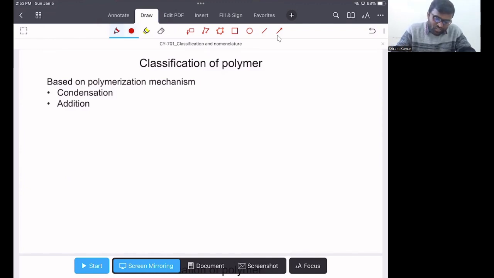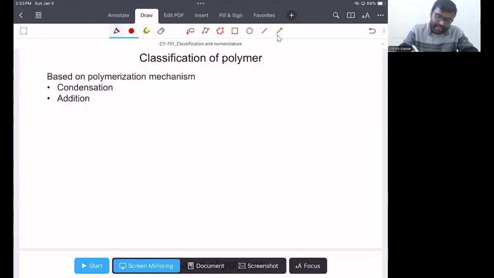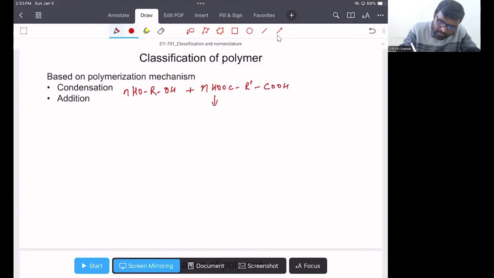In condensation polymerization reactions, for example, we have OH, and we have n number of molecules of the diacid, and then we will have the polymerization.